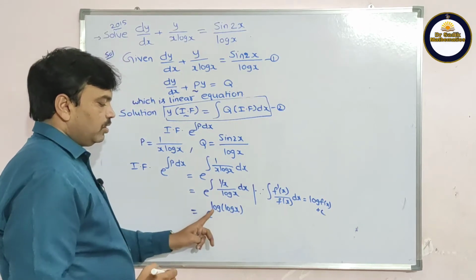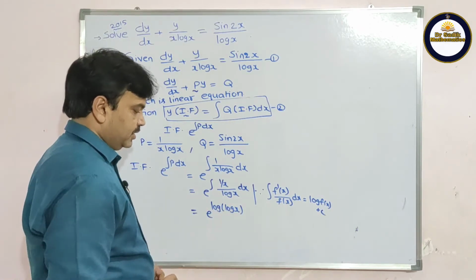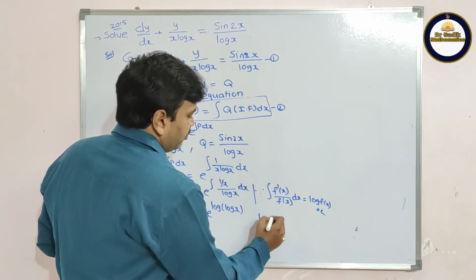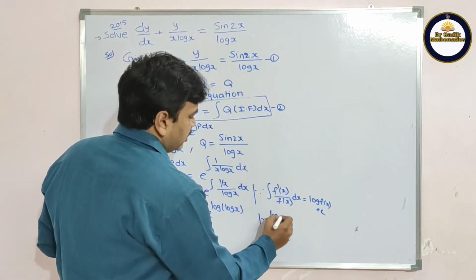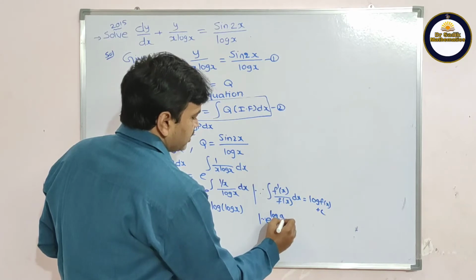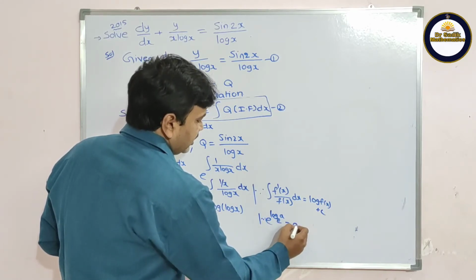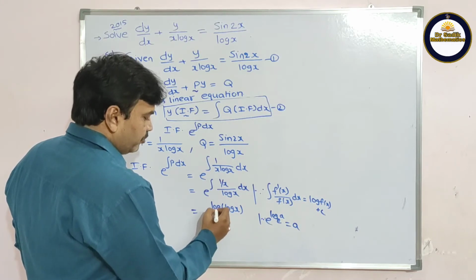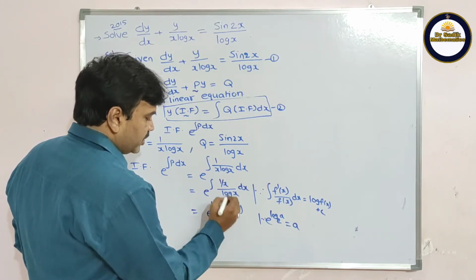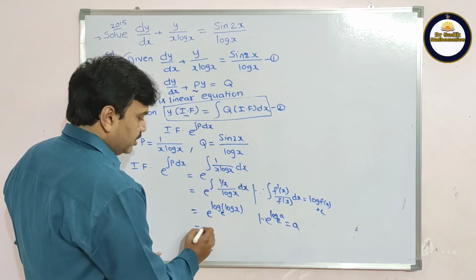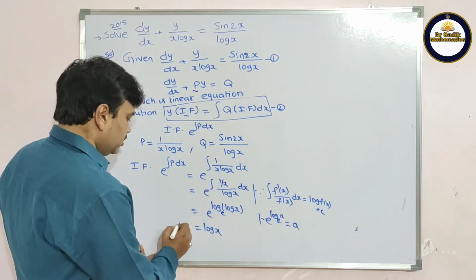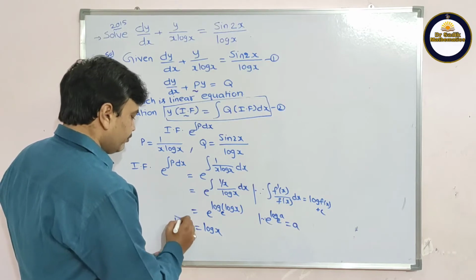We know e power log a, with base e, gives a. Similarly, here e power log of log x gives log x. So this is the integrating factor.